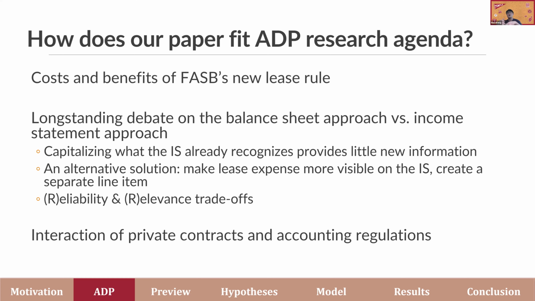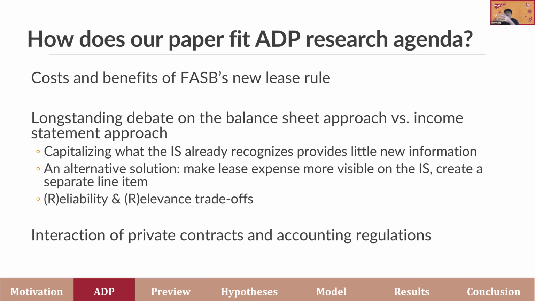So IASB went all the way. Under IFRS 16, the new lease accounting standard under IFRS, there's no distinction between operating leases and finance leases. Everything is finance leases, right? So they put everything onto the balance sheet, and they're going to amortize all these assets, and they're going to expense the interest expenses.